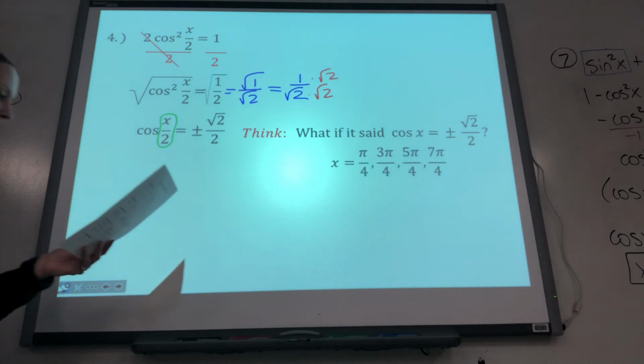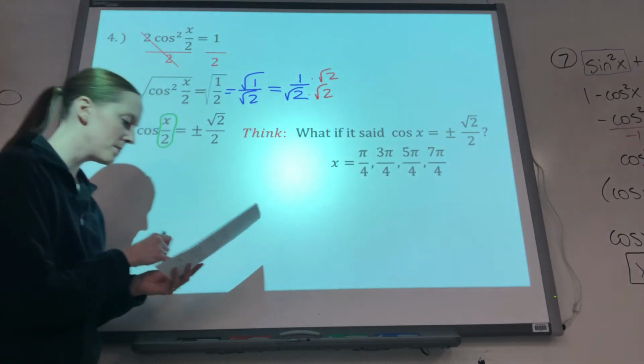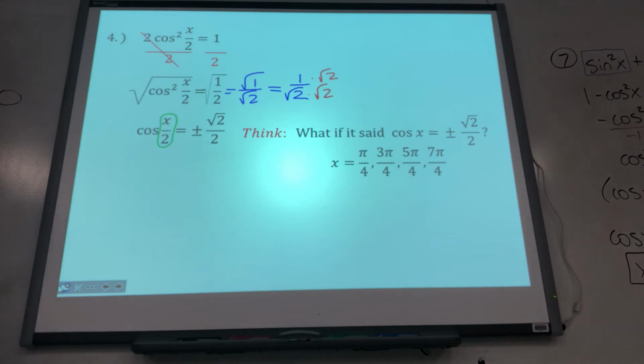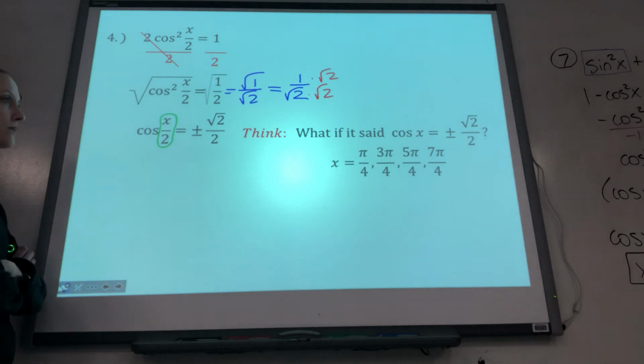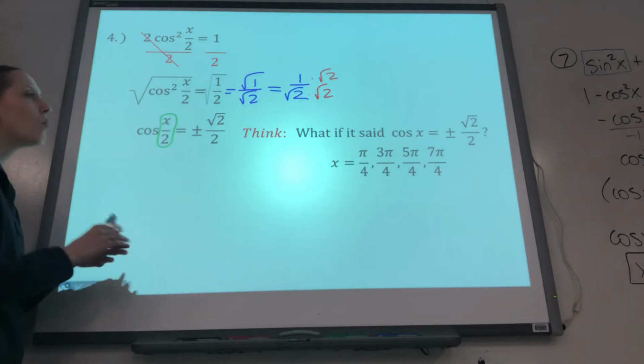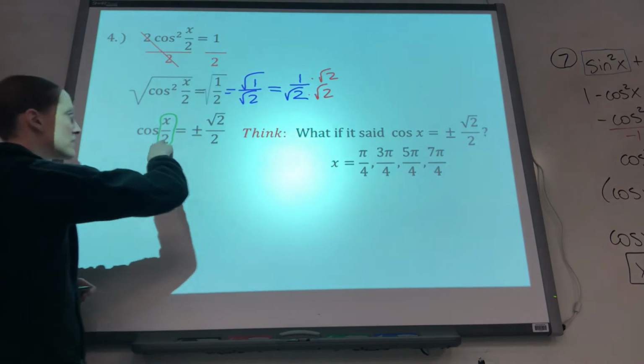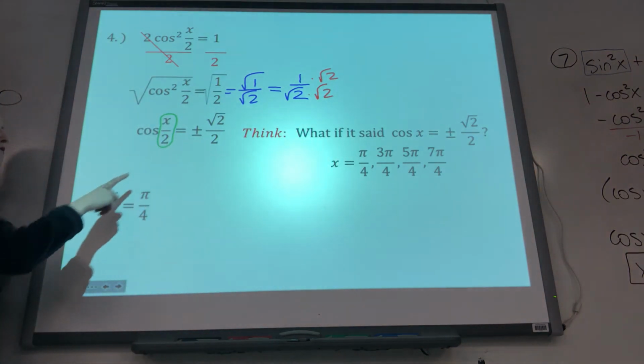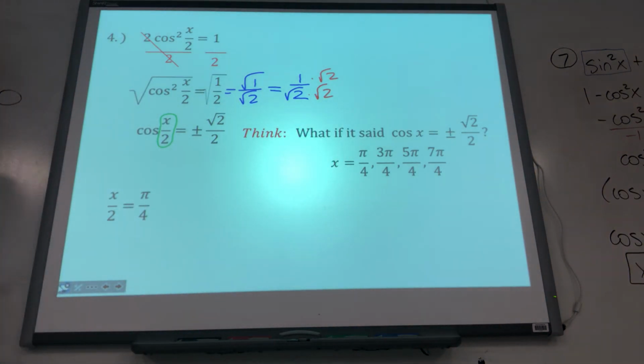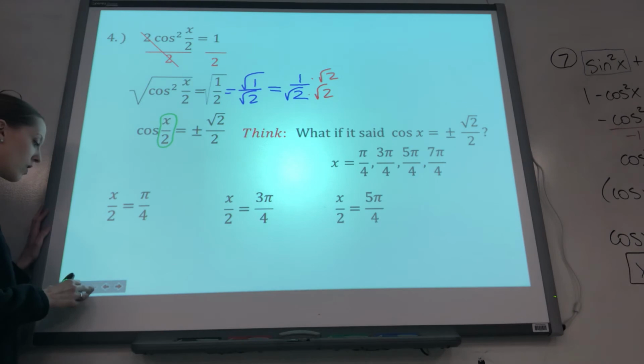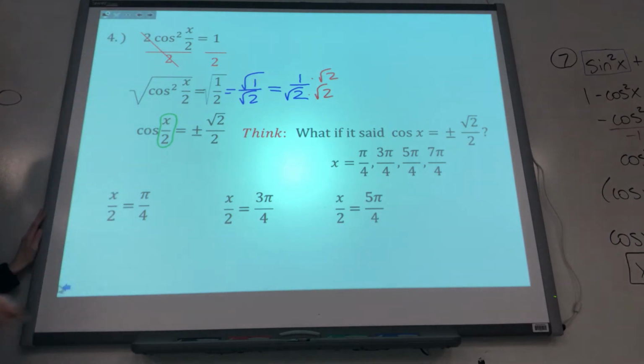There's 4 options there: pi over 4, 3 pi over 4, 5 pi over 4, and 7 pi over 4. But we don't want x to be those numbers. We need x over 2 to be those numbers. So set it equal to pi over 4, 3 pi over 4, 5 pi over 4, and 7 pi over 4.